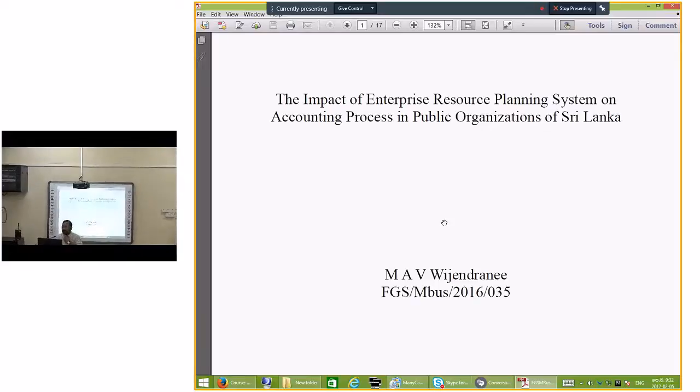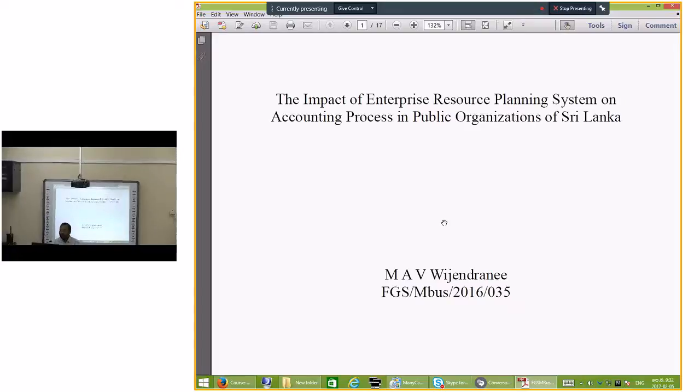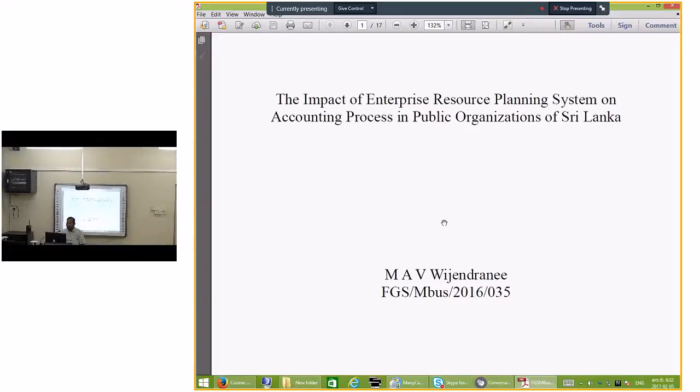But later on you have mentioned that there is a case study, therefore you take only one organization as a sample. So you have to put within brackets that it is a case study analysis based on the Petroleum Corporation of Sri Lanka, because otherwise that cannot be applied to all public organizations of Sri Lanka. Therefore, please write within brackets like this.